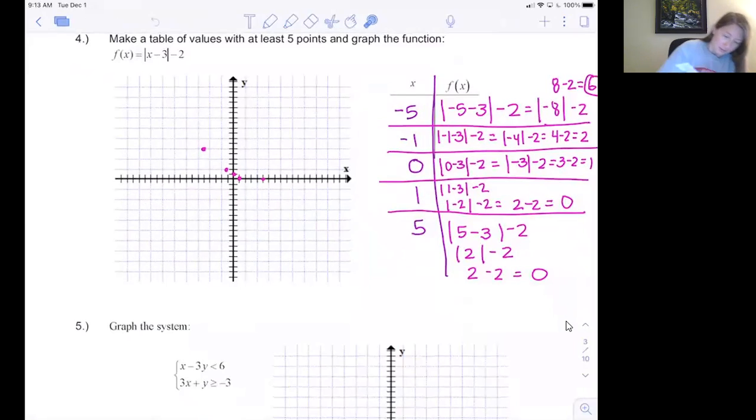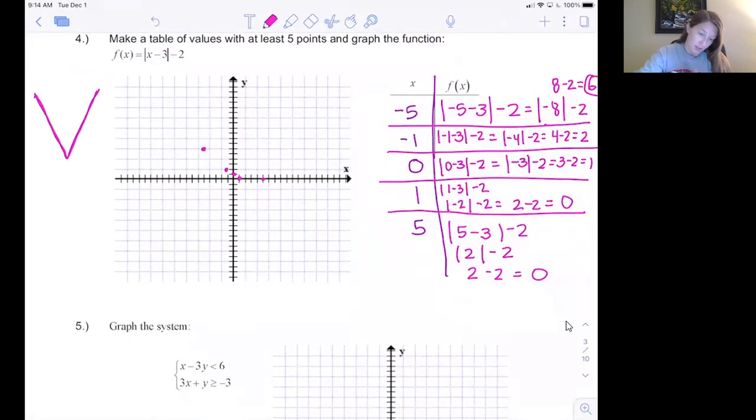Okay, so absolute values are going to look like this. They're going to be a V shape, which is kind of why I thought I messed up. So here's going to be the trick with this, is to make sure this sign that's inside the absolute values. So I've got that -3.